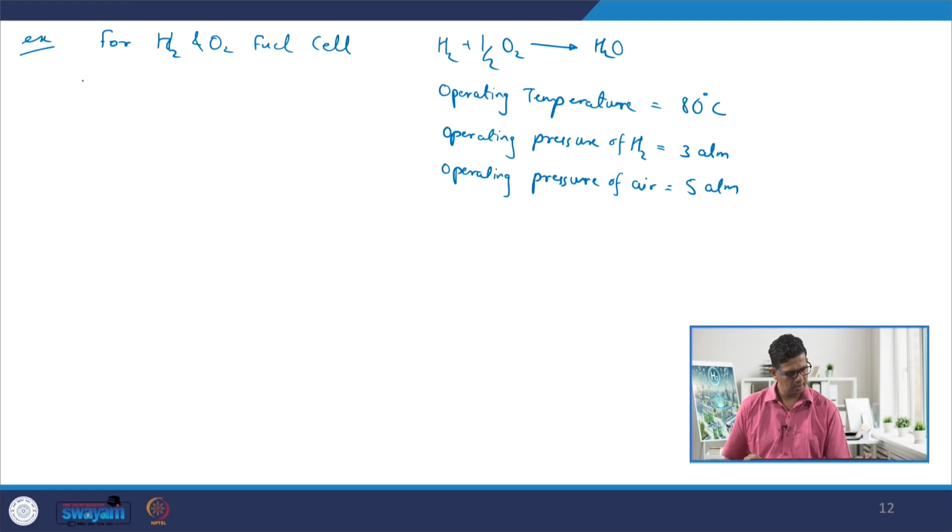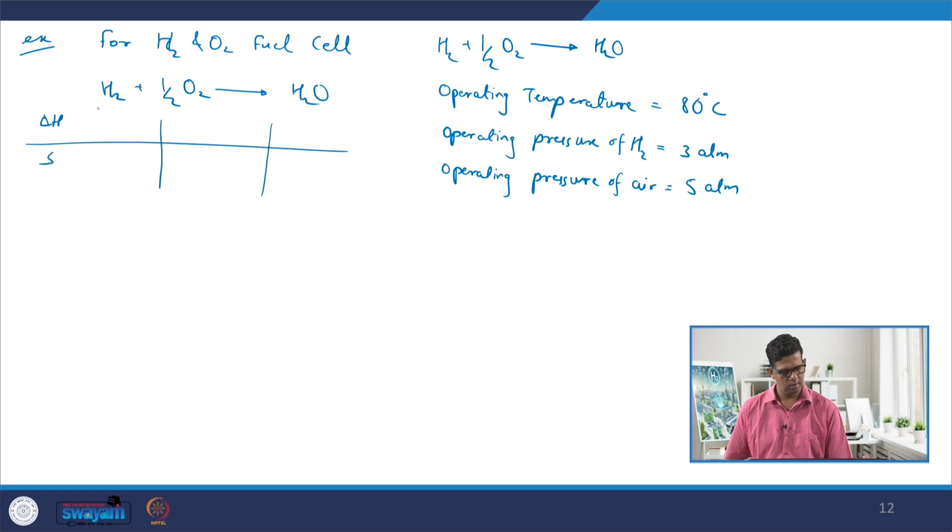Now let us get the enthalpy terms and entropy terms. So we have H2 plus half O2, that gives H2O. Let us write the enthalpies and the entropies. Enthalpies for both hydrogen and oxygen are 0. For water it is minus 286 or 285 also we can say.